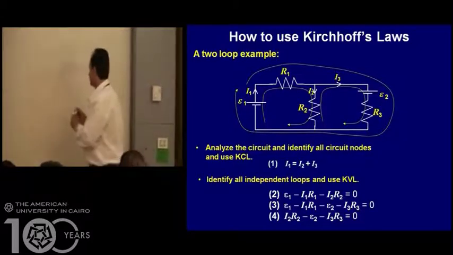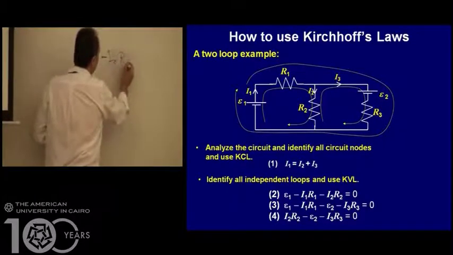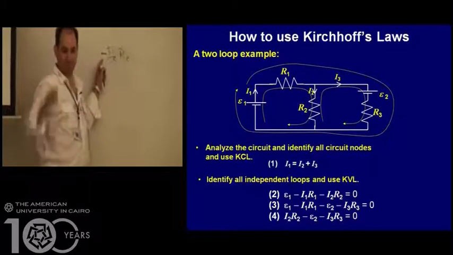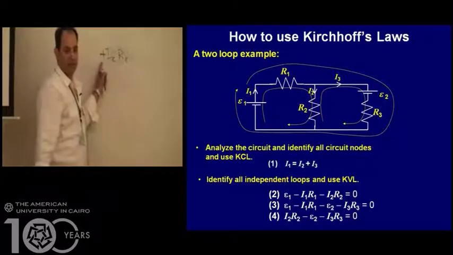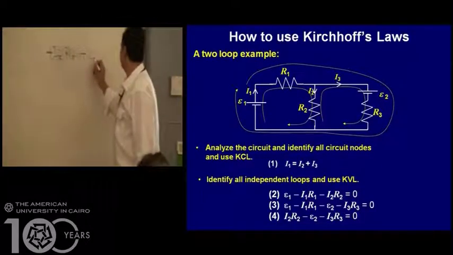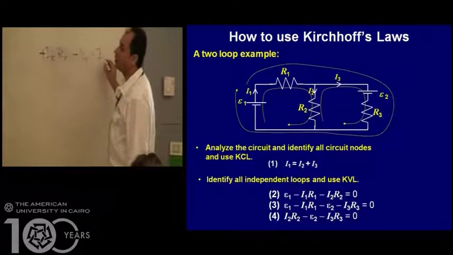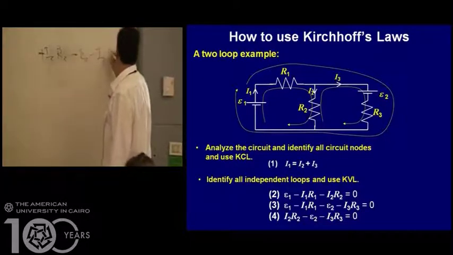So you get negative I2 R2, but the current is negative because it's in the opposite direction to the direction you're going through, then you get positive. Negative E2, negative I3 R3. That's equal to 0.